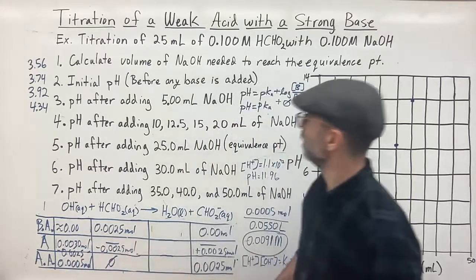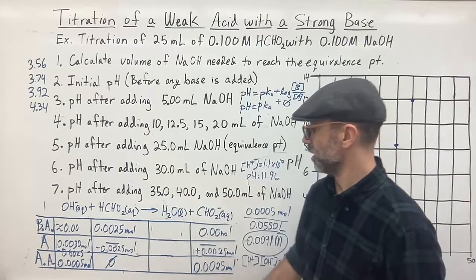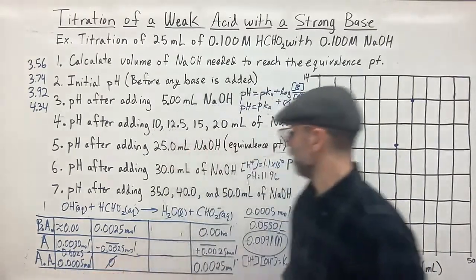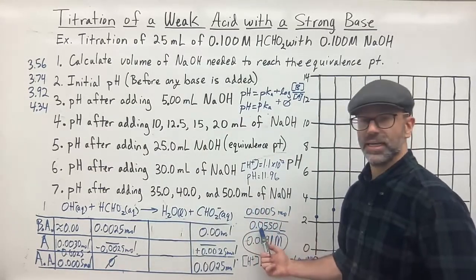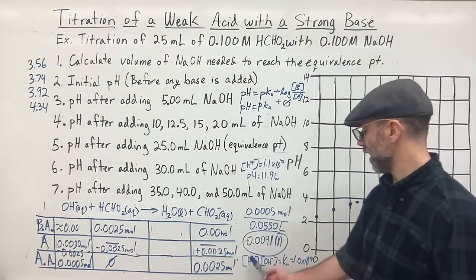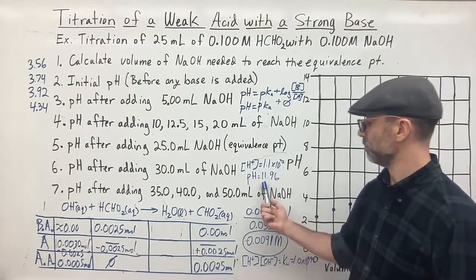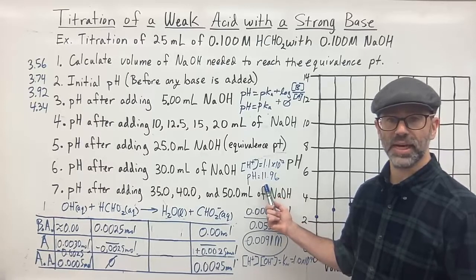So if you add 35 milliliters, you're going to end up with a little bit more OH minus, and then you're going to calculate the concentration of that OH minus, and from the concentration of OH minus, find the concentration of H plus, and then plug that into your negative log and get the pH.